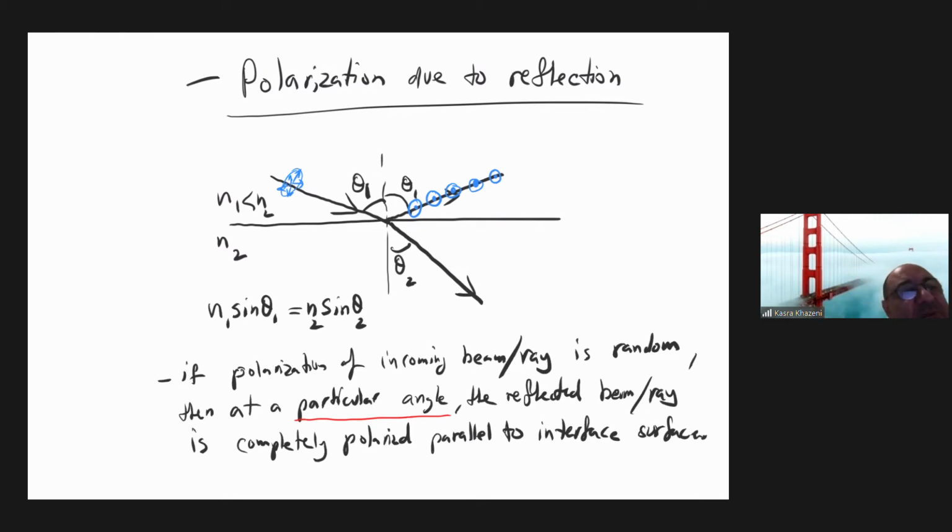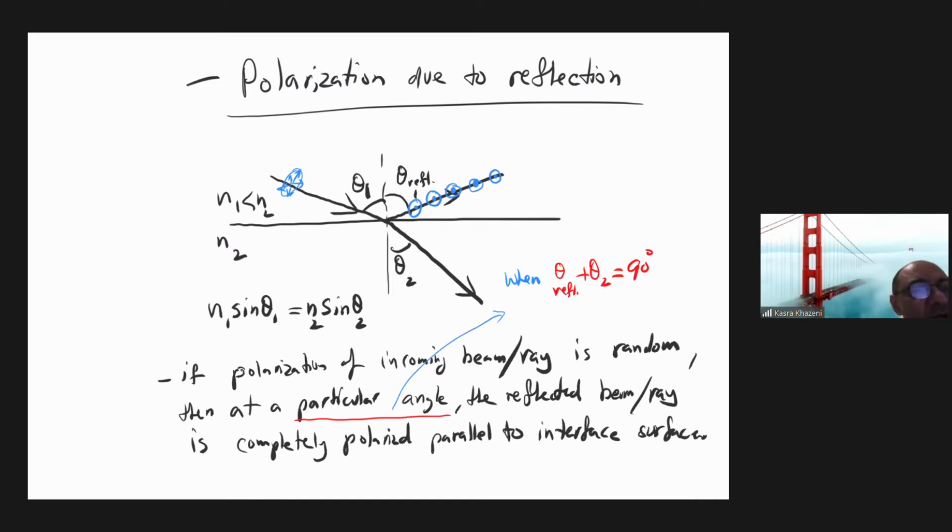Okay, and what is that particular angle? When theta 1 plus theta 2 is equal to 90 degrees. Now, let me call this theta reflection, too many notations. So when theta 1, which is reflection, plus theta 2 is equal to 90 degrees.